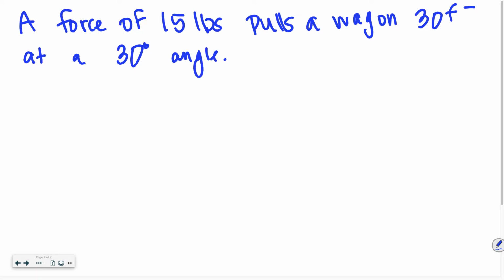Apparently I like 30 degrees today. My wagon pulling days are kind of behind me now. You can pull us around in a wagon if you really miss it that much.